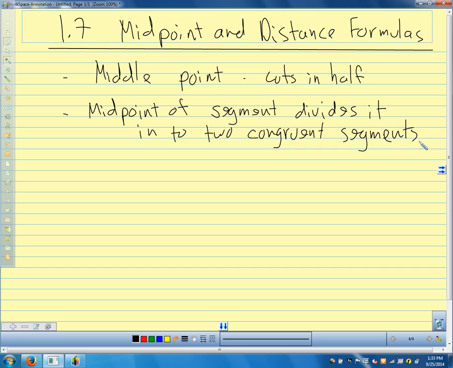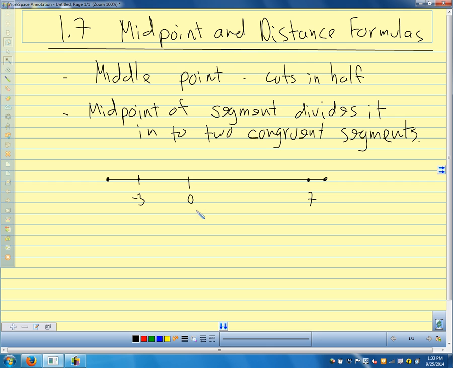Now, if we have our segment, we'll start out the easy way. If our segment's laid out on the number line, let's say we have a point here at -3 and a point way over here at 7, and 0 is going to be, let's say, here.